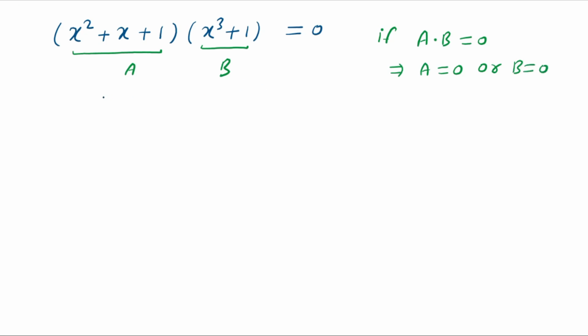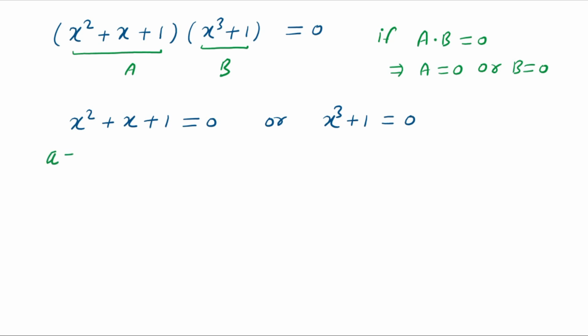According to this rule, we can write here x square plus x plus 1 is equals to 0 or x cube plus 1 is equals to 0. Here we have a quadratic equation and here we have a cubic equation. First we will solve this quadratic equation. Quadratic equation is not factorizable. Here we will apply quadratic formula.